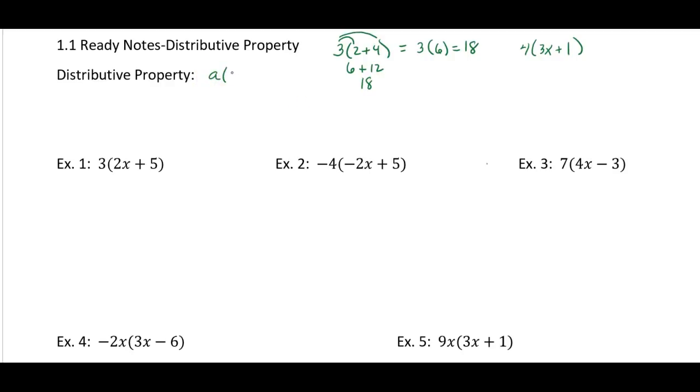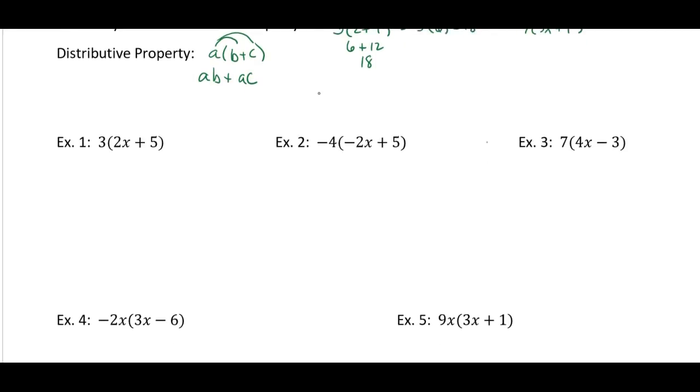The distributive property is basically saying, if I'm multiplying some number, or term called a monomial, by a binomial, meaning 2 terms, I basically distribute the monomial to both terms. To get a times b is ab plus a times c is ac. Okay, so let's do a couple of examples down below.